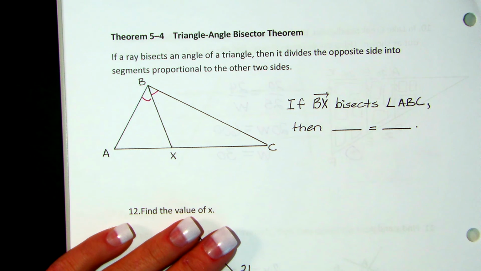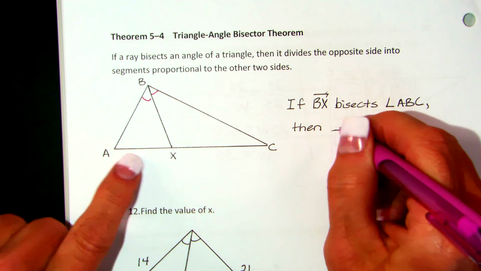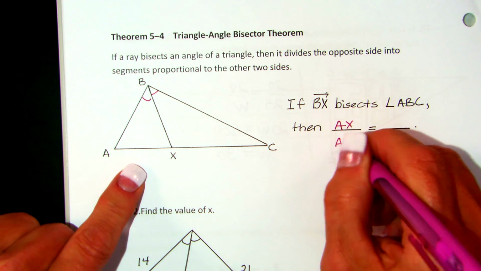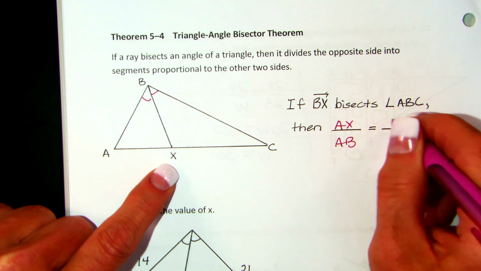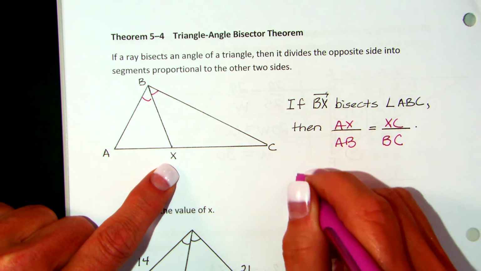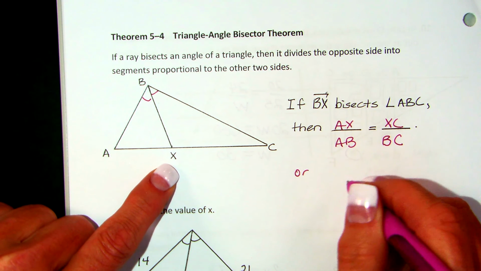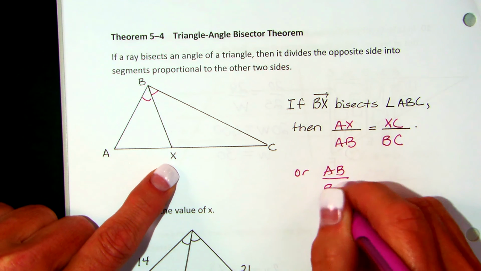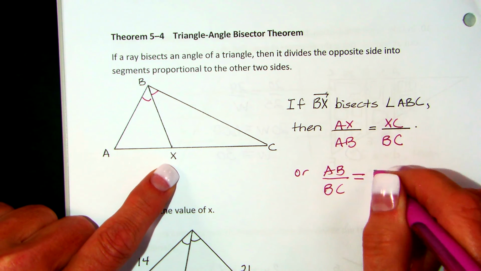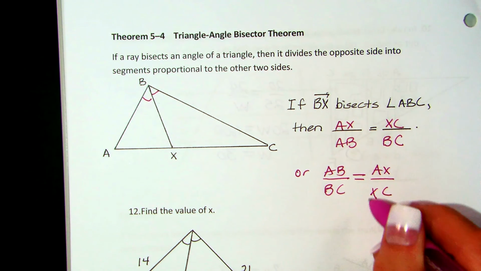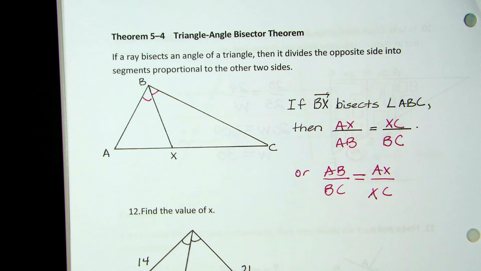And so if BX bisects angle ABC, then you can say that AX is to AB as XC is to BC. Or you can actually set it up a different way. You could say AB is to BC as AX is to XC. And if you check your cross products, you can see that they're the same.